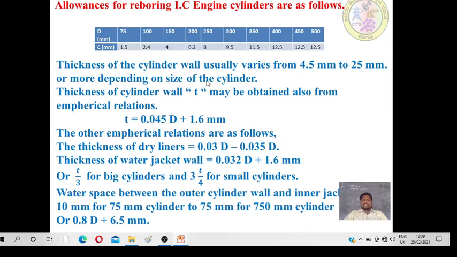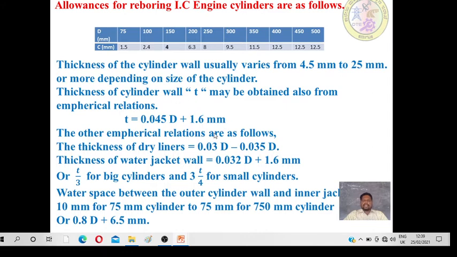The thickness of the cylinder wall usually varies from 4.5 mm to 25 mm or more depending on the size of the cylinder. And the thickness of the cylinder wall T may also be obtained from an empirical relation, where T equal to 0.045 D plus 1.6 mm.